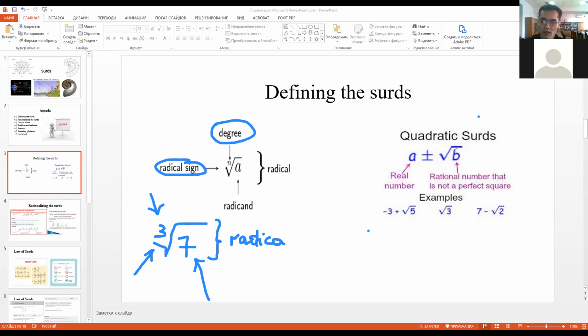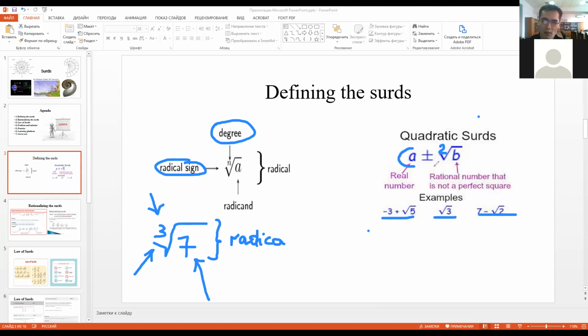You can't take the square root of this number. This is a quadratic surd. You can see the examples also. Quadratic surd means the radical sign, or degree, is equal to 2. When the degree is equal to 2, you call this kind of surd a quadratic surd.